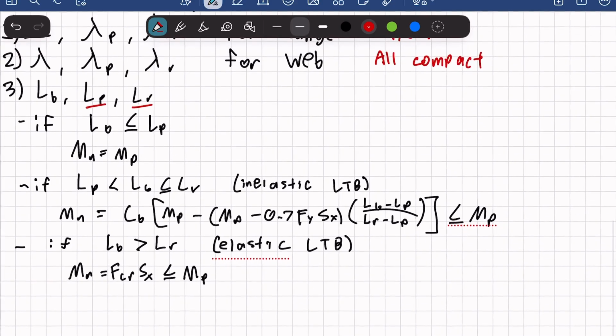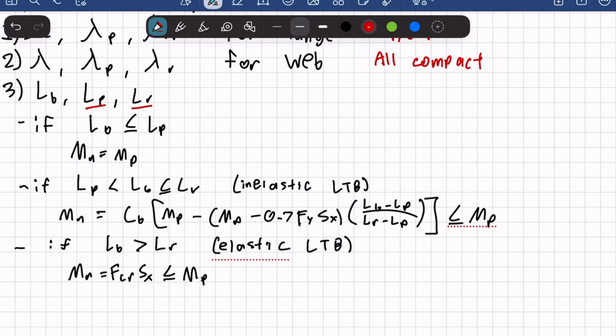If you have an unbraced length that is between parameters Lp and Lr, your beam is subject to inelastic lateral torsional buckling, and we're going to be using this equation here, which is AISC F2-2. I'll keep writing these down so that you have records for them if you want to look them up. This is F2-1 right here.